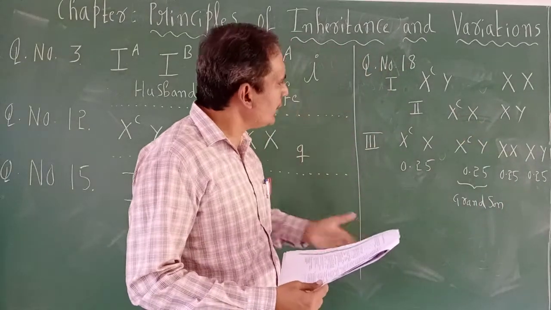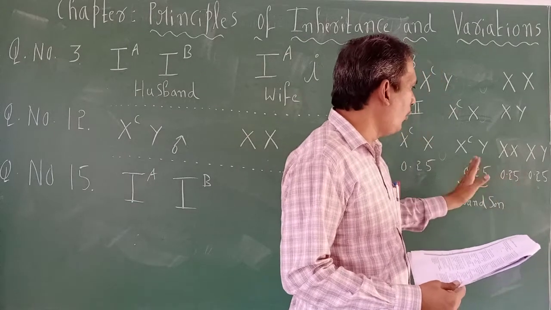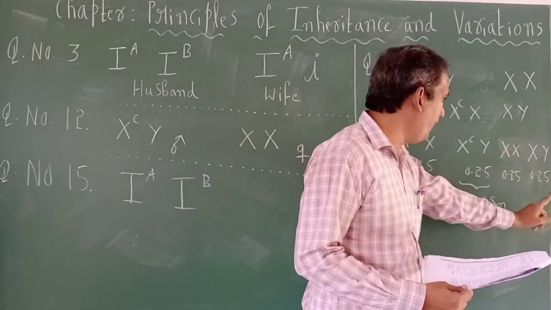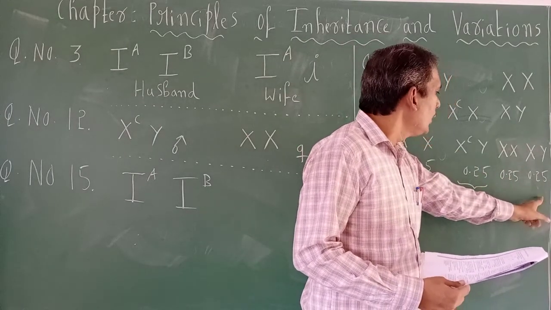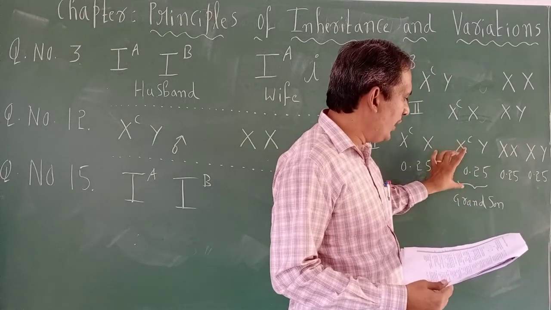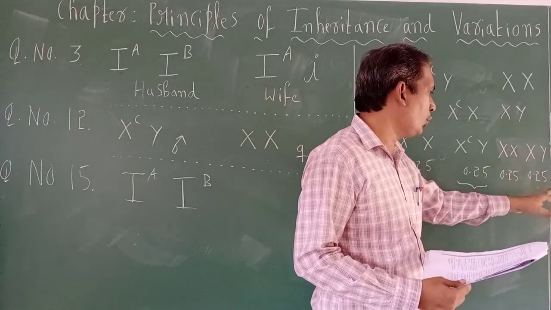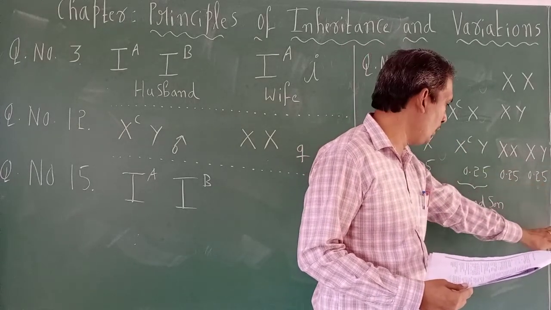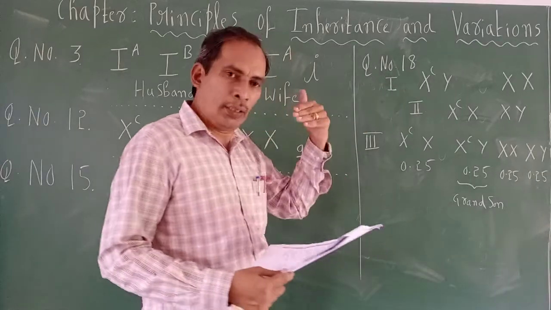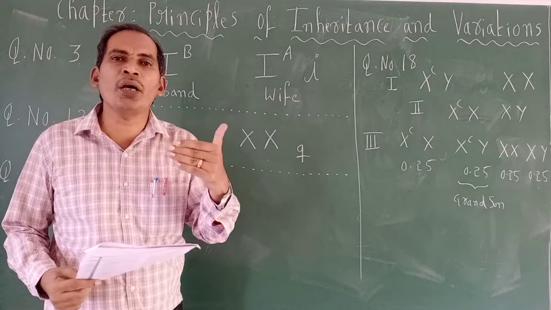Then in the third generation, out of 50% of males, 25% of males will be affected. They will be colorblind, while the remaining 25% of males will be normal. So that means color blindness follows crisscross inheritance.